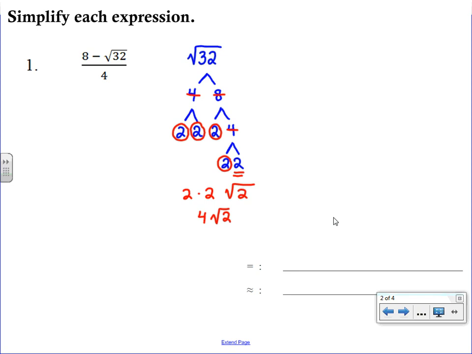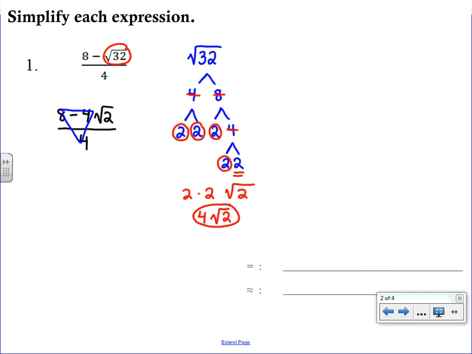Now we're going to replace the square root of 32 with the simplified radical form, 4 square root of 2, and rewrite this problem. We've got 8 minus 4 times the square root of 2, all divided by 4. What I want you to notice is that all 3 of these numbers have a common factor.